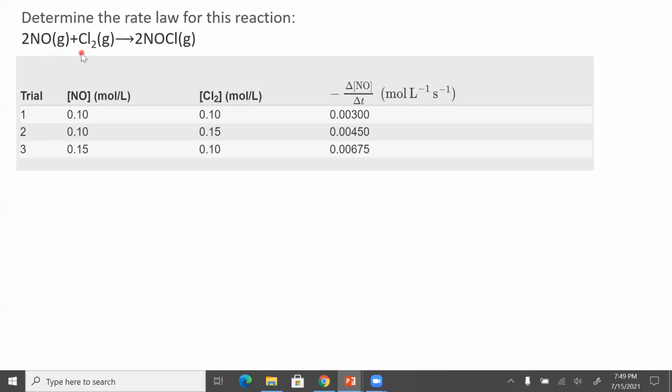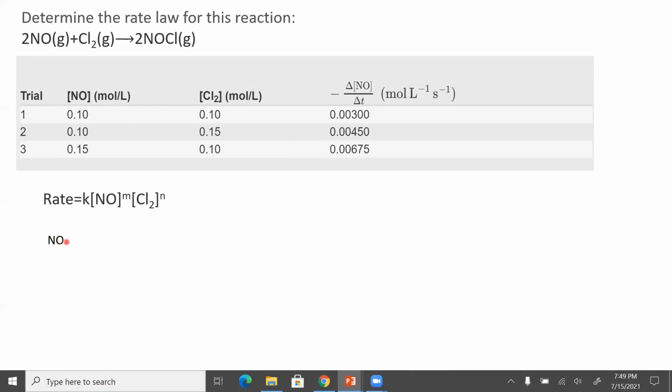So we've got nitrogen monoxide reacting with chlorine. Okay, we've got 3 trials. We vary the concentrations. We measure the initial rate. Okay, so let's look. Here's our rate law that we're trying to solve for. Let's look at nitrogen monoxide first.